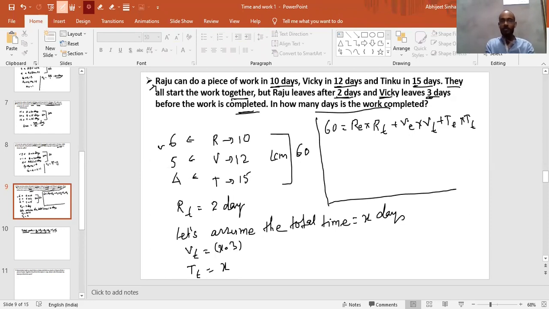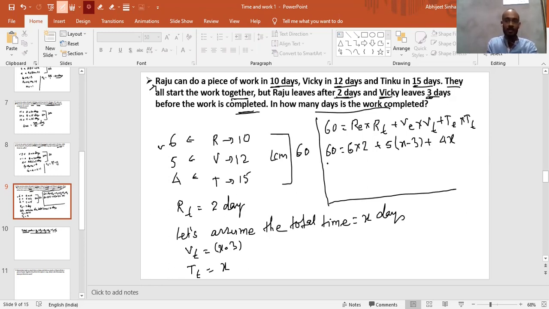So 60 equals Raju's efficiency 6 into time 2, plus Vicky's efficiency 5 into x minus 3, plus Tarun's efficiency 4 into time x.